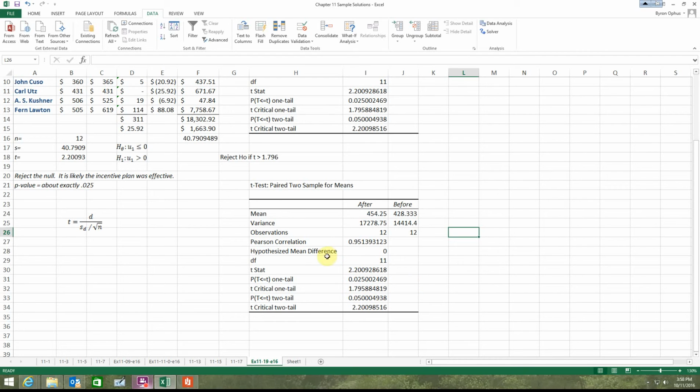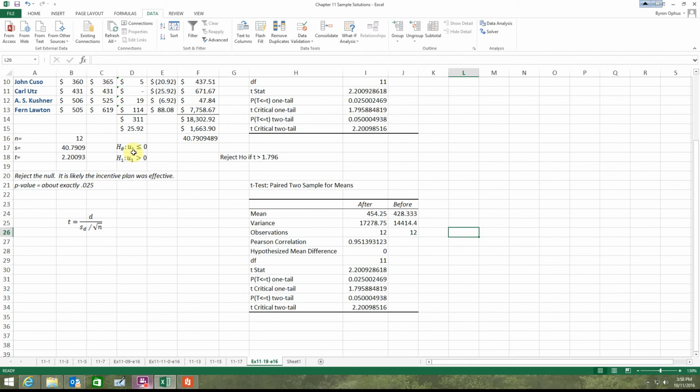Okay, so what do I do? I reject. I need to put that in there. Reject the null. It is likely the incentive plan was effective, and I've got to find my p-value, about exactly. About. Is that like an oxymoron? It's about exactly 0.025, which, because it's so low, would say that it confirms that it was effective, right?